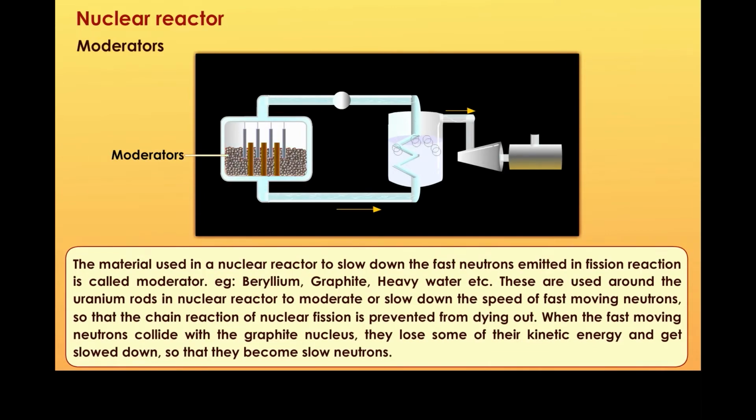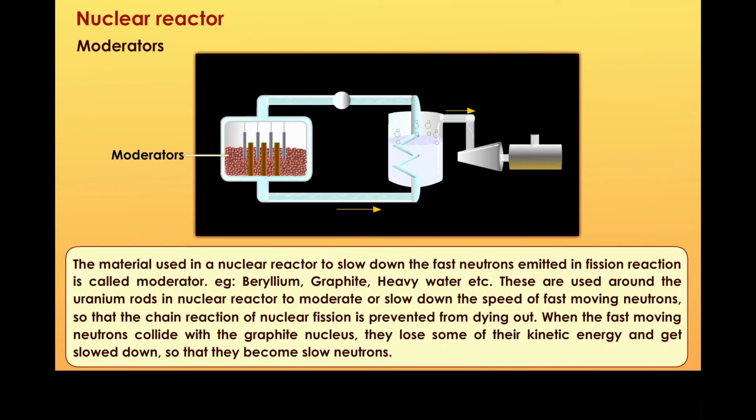Moderators. The material used in a nuclear reactor to slow down the fast neutrons emitted in the fission reaction is called a moderator. Example: beryllium, graphite, heavy water, etc. These are used around the uranium rods in a nuclear reactor to moderate or slow down the speed of fast-moving neutrons, so that the chain reaction of nuclear fission is prevented from dying out.